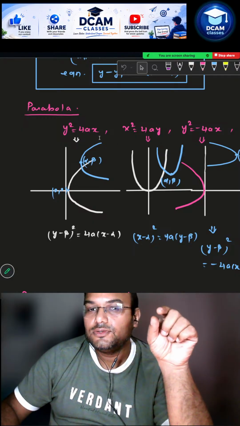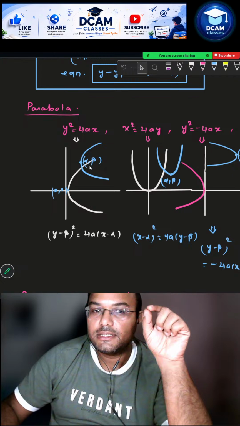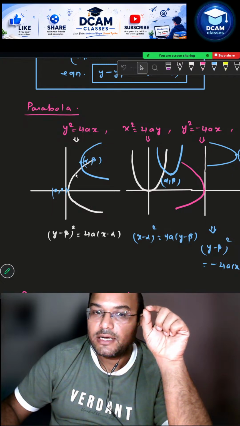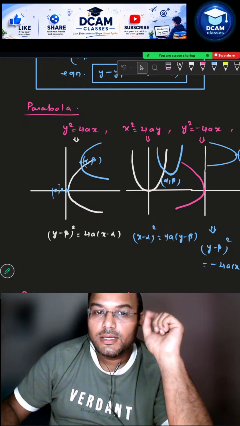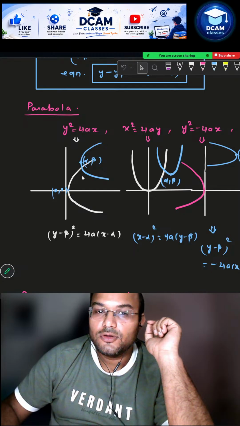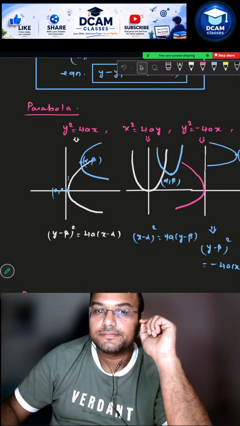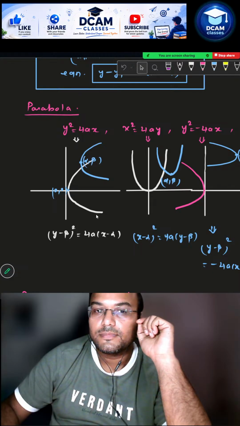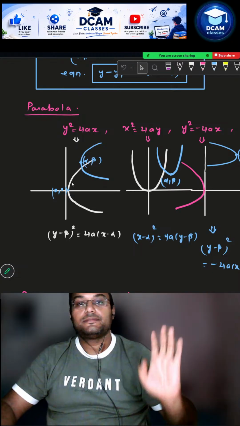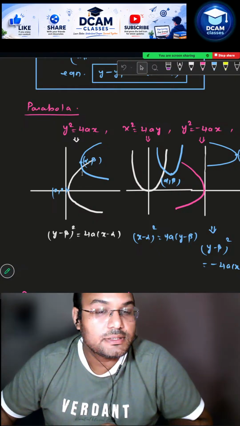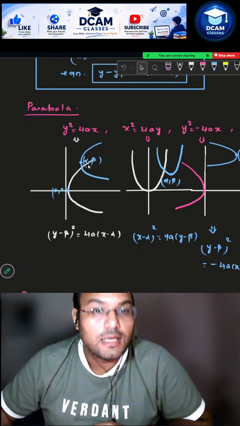Now y square is equal to 4ax is the graph, this one you know, having its vertex at 0, 0, and it is opening towards the x-axis. This you have to remember. What is beta here?